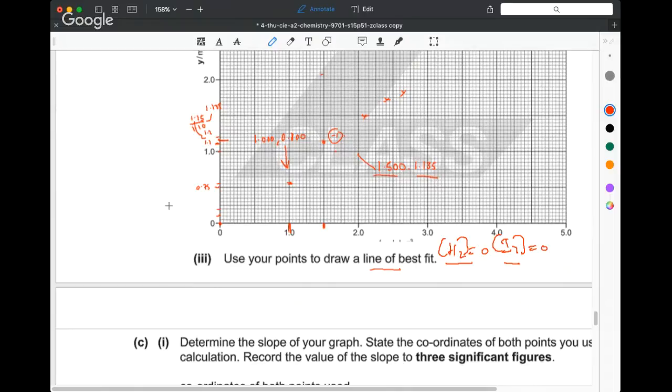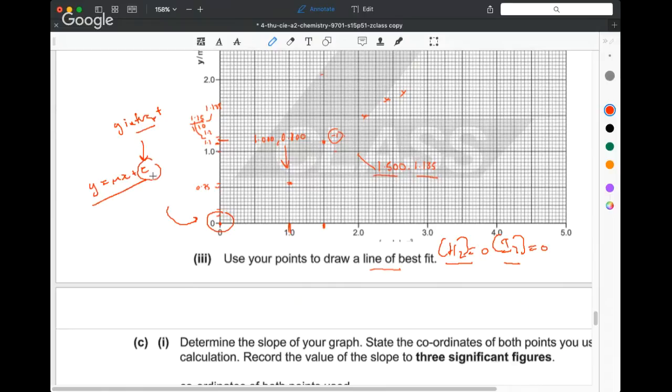And that's important because you know from your maths that the equation of a straight line is y equals mx plus c, and what's c? It's the y-intercept, isn't it? And on this occasion, the intercept must be 0, because if the concentration of the reactants is 0, no reaction happens.